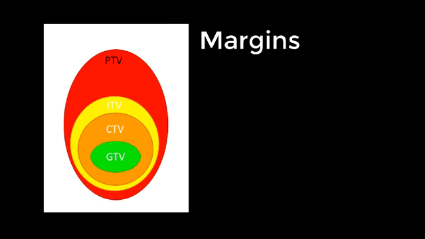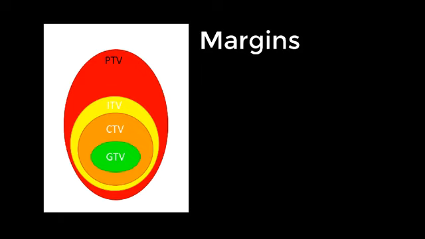Now we're going to go back and look at this expansion, GTV, CTV to PTV, again, and try to understand it more rationally in terms of what margin is appropriate. So as we said before, the expansion from gross target volume to clinical target volume accounts for the extent of disease that's not necessarily observable radiographically.